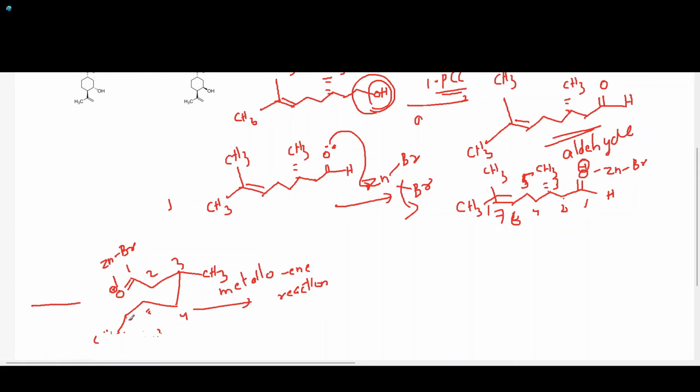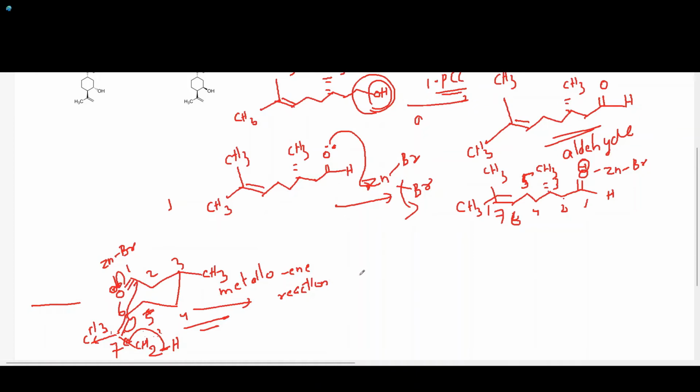So we'll write it like this: CH3 and CH3. So this is 5, 6 and 7. As I said, this is a simple metallo-ene reaction. So here your CH2, this H will migrate to this side, it will shift and it will go like this.